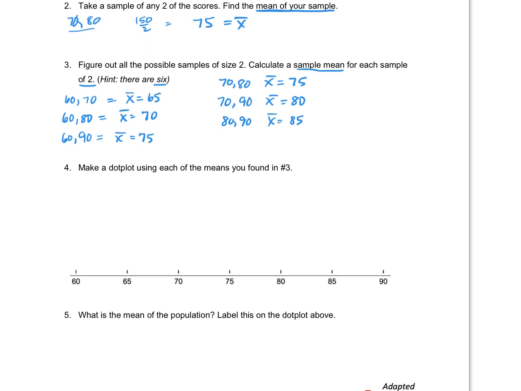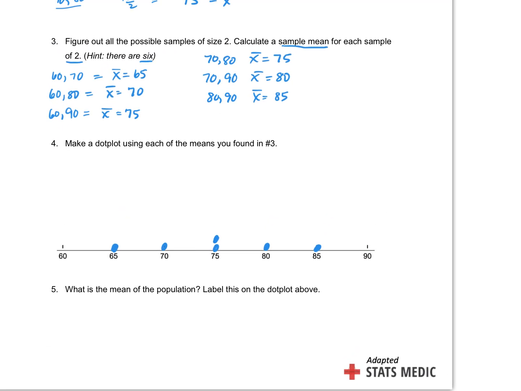Now we're going to make a dot plot of all the X bars. Okay, so we had an X bar at 65, at 70, 75, 80, and 85. Now keep in mind, each dot here is an X bar, right?